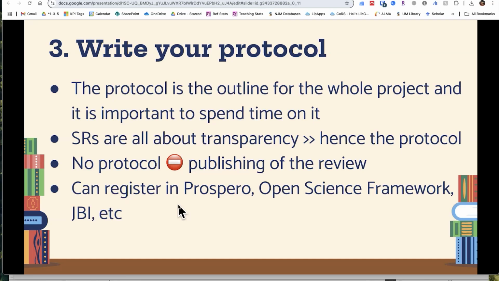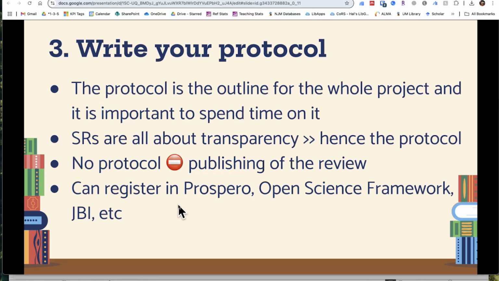And I would say for the high quality journals, if you don't have a registered or published protocol, you can't publish your systematic review. They want to see that you have done it properly and that you have registered your protocol ahead of time. I would say the very top tier level systematic reviews publish their protocol.